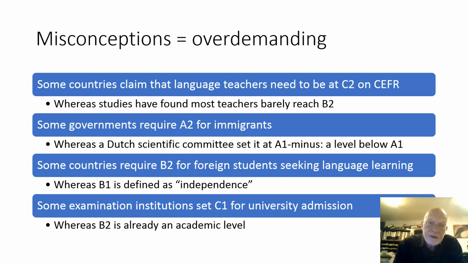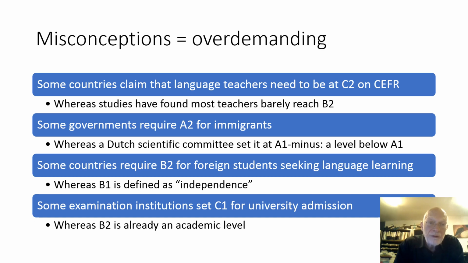Some governments require A2 for immigrants, whereas the Dutch Scientific Committee set the level for immigrants at A1 minus, which is a level below A1.